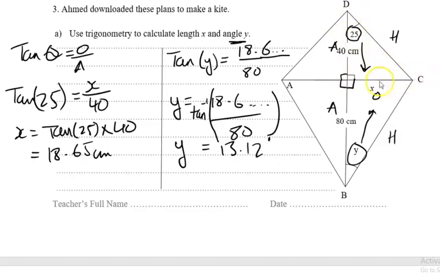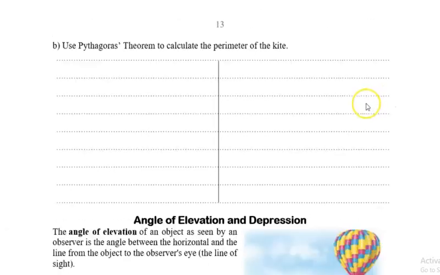So DC squared equals 40 squared plus x squared. And x was 18.65230633. So we're going to work that out.